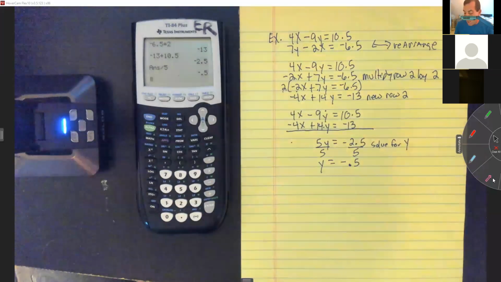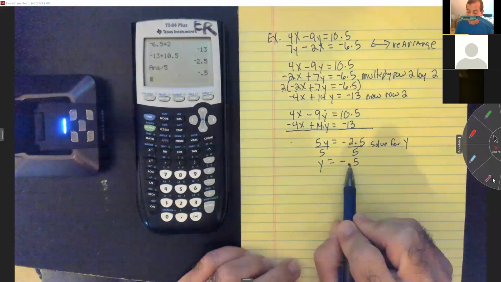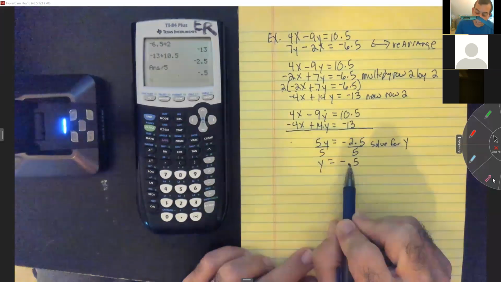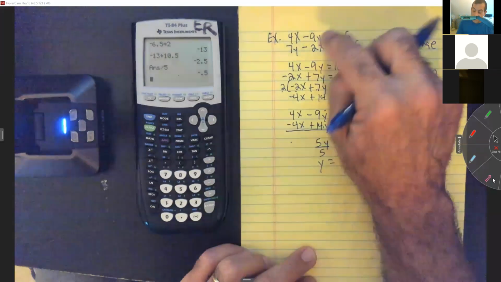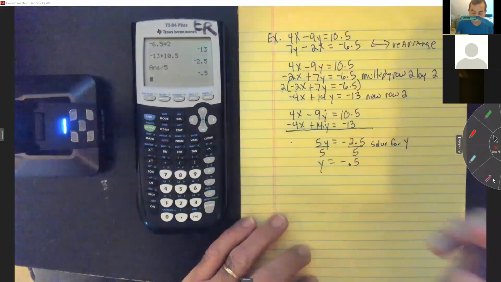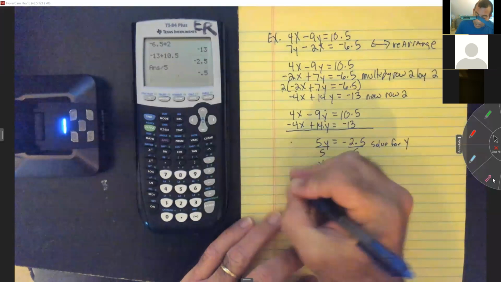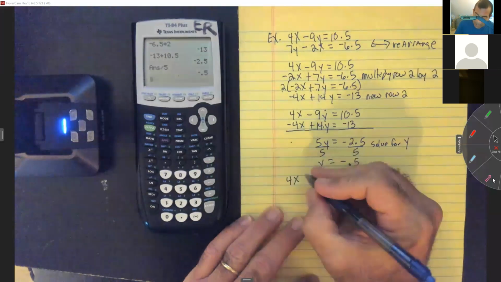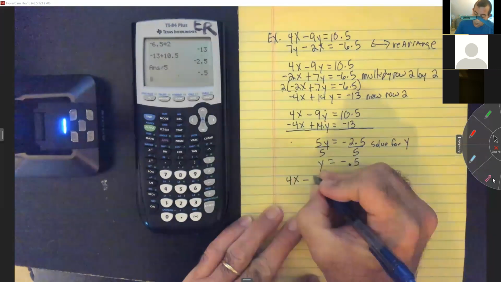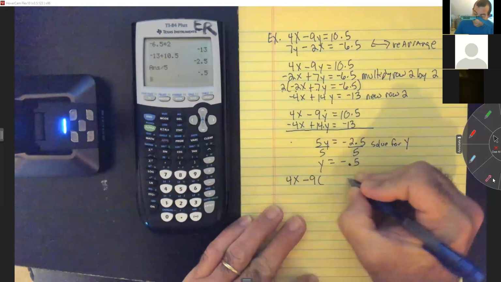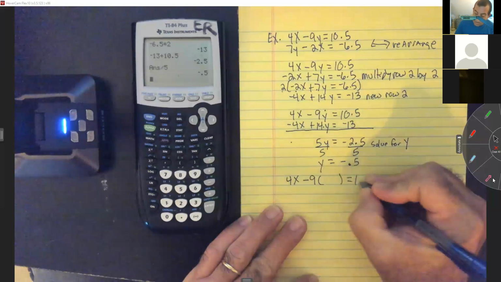So remember, we know what the y value is, so now we got to plug it in here and get the x value. So I'll just go back to that first equation again. 4 times x minus 9 times my y is going to equal 10.5.